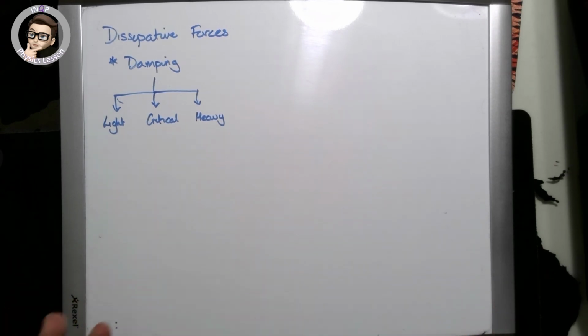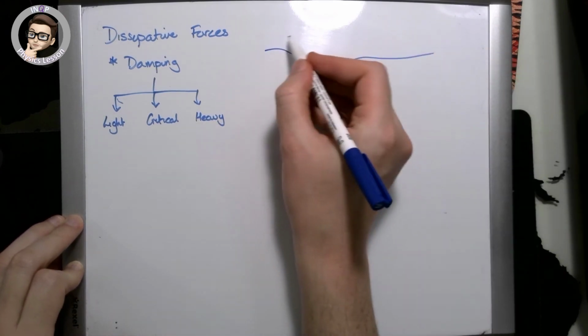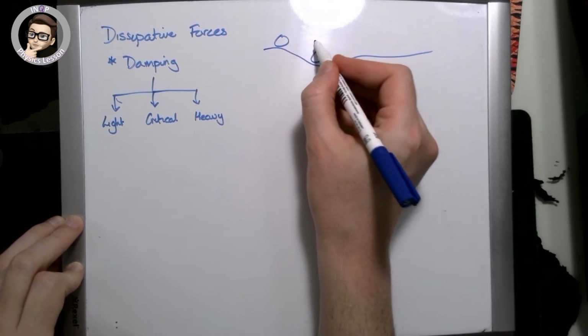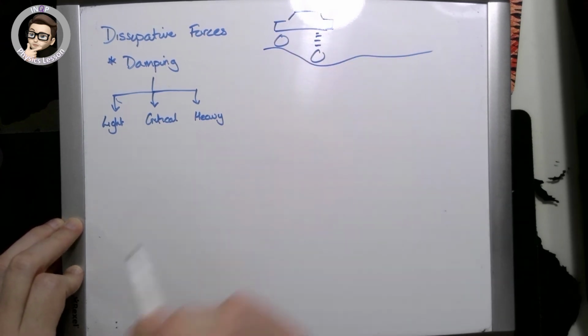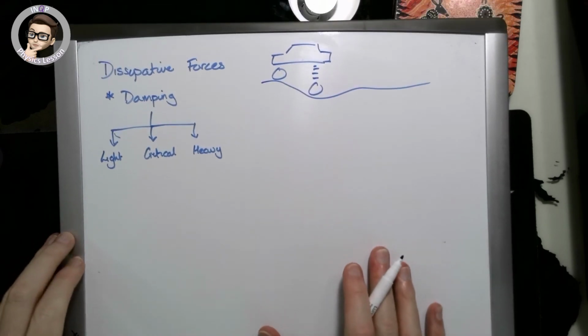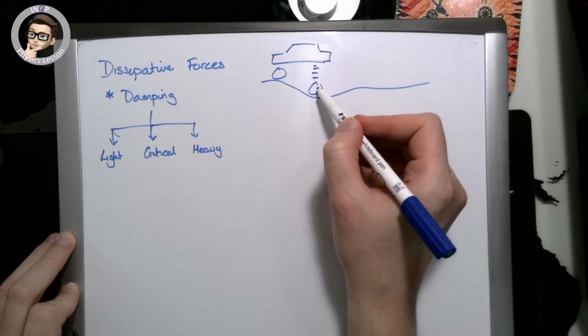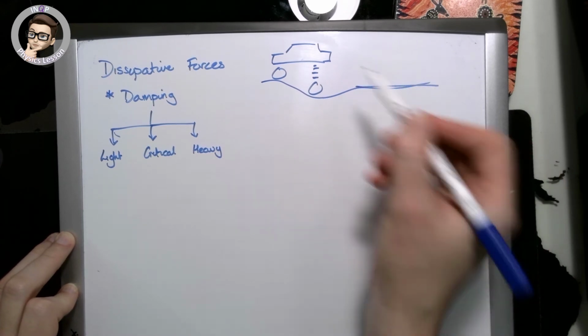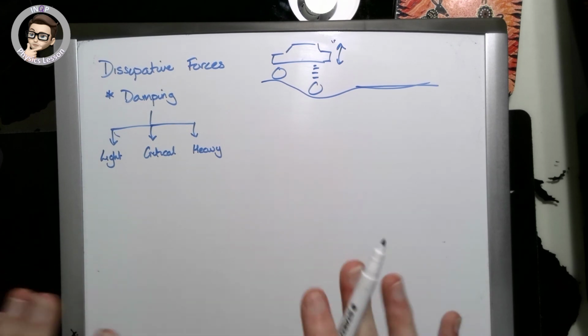You wouldn't want to be sat in your car going over some bumps. So here's your bumps, and you're in your car, and the spring is extended. It's a pretty complicated system, but the spring is extended. I might have exaggerated a little bit. But as that spring is extended and you move back onto a flat surface, you don't want that car to be oscillating up and down for the next 10 minutes because it's gone over a bump.